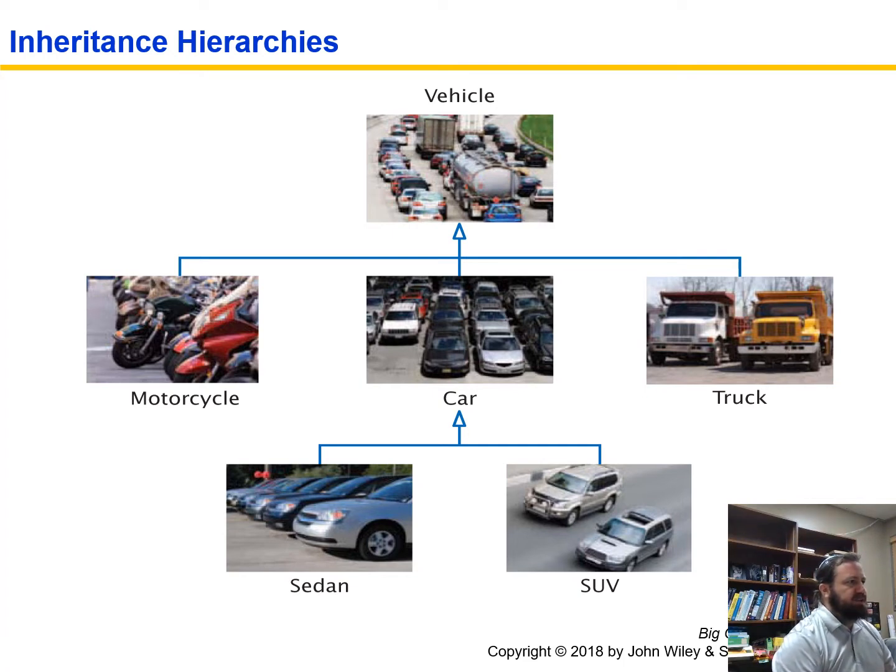So vehicle is the superclass or parent class or base class for all different kinds of vehicles: motorcycles, cars, trucks. Motorcycle, we say, derives from vehicle, or we say it subclasses vehicle, or we can call it a child class of vehicle. There are kind of competing nomenclatures for this.